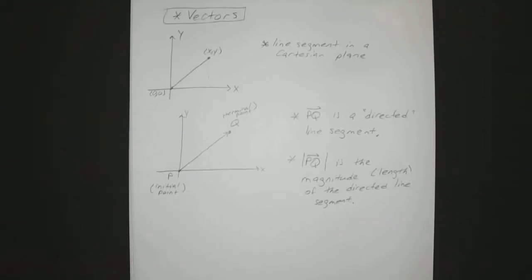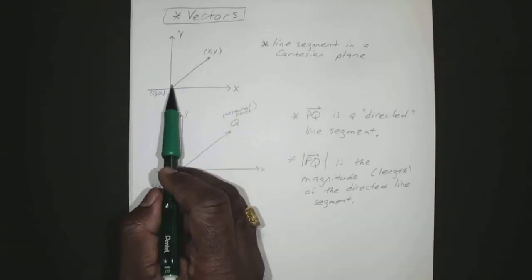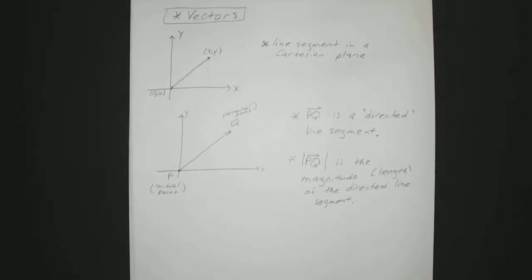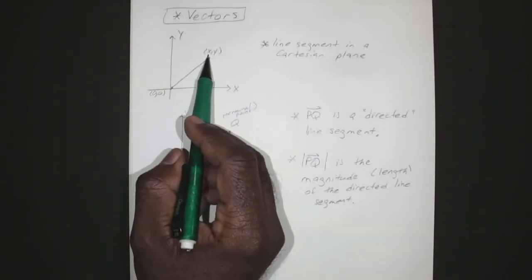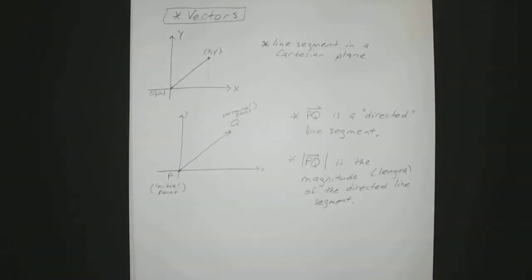Another difference, other than the fact that one's directed and one's not, is that with this point here, there's only one x comma y.